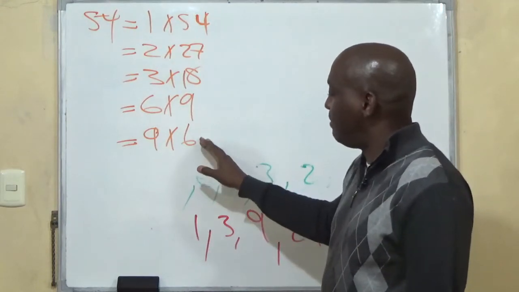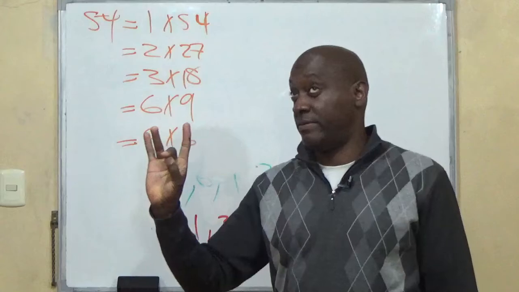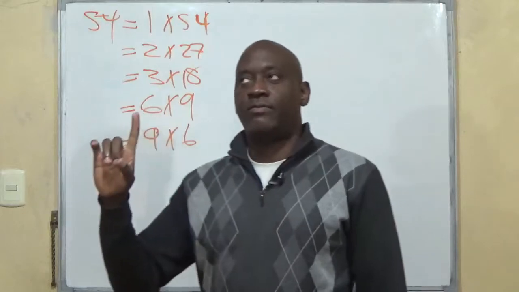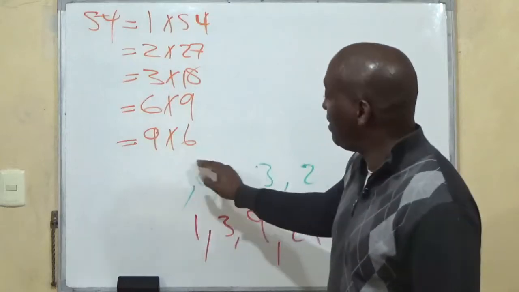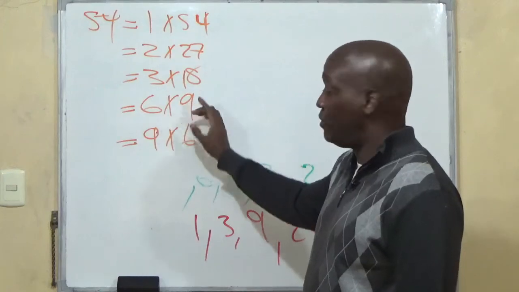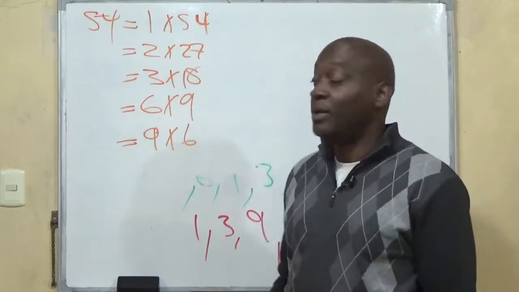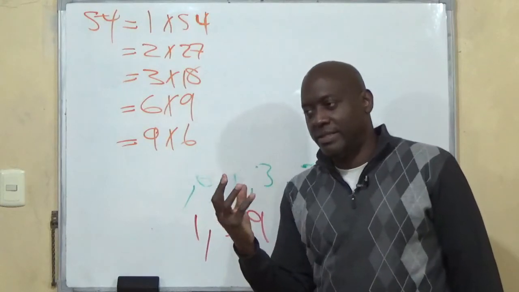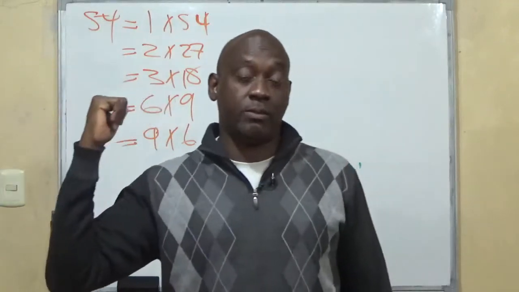Because anything after 9 by 6 will carry us straight to 18 by 3, the next pair of factors. Look at here already. So once you get this happening, you could go back up and you have all your factors. Once you get to this point, where the order is reversed, then you know that you already have all your factors, and your next step is to just write it out.